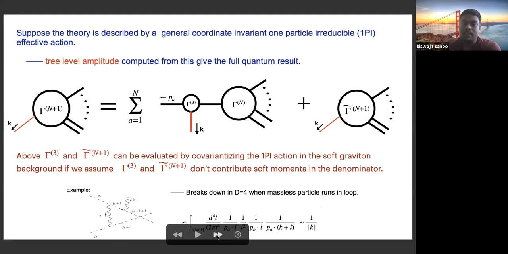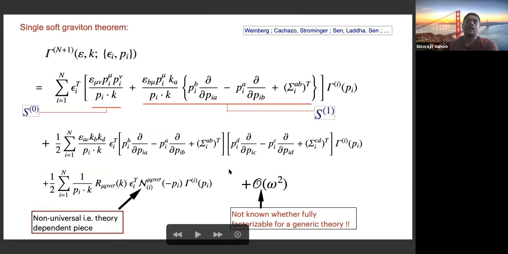So now with this prescription one finds the soft graviton theorem up to subleading order. I am just giving the results here. This is the gamma n plus 1 point amplitude, which is related to the gamma n amplitude if we strip out the polarization of the hard particles.